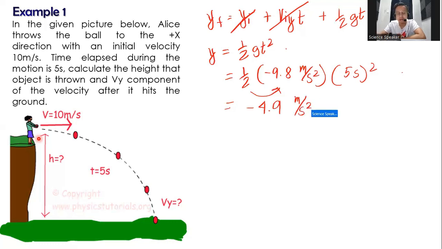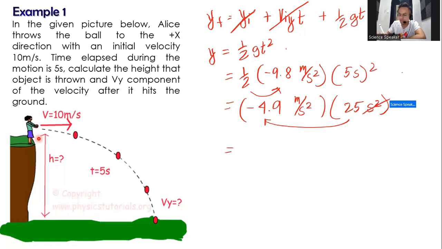Then you multiply it by the square of 5 seconds, which is 25 seconds squared. The seconds squared cancel out, so you multiply 25 times negative 4.9 and get negative 122.5 meters. That is the displacement in the y-axis.